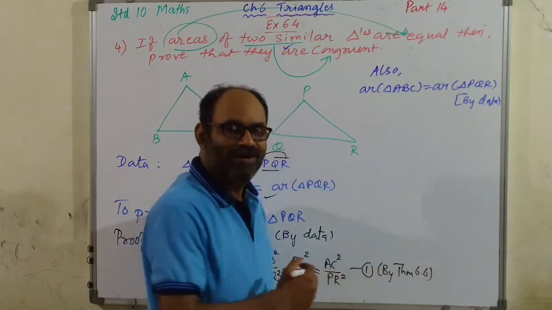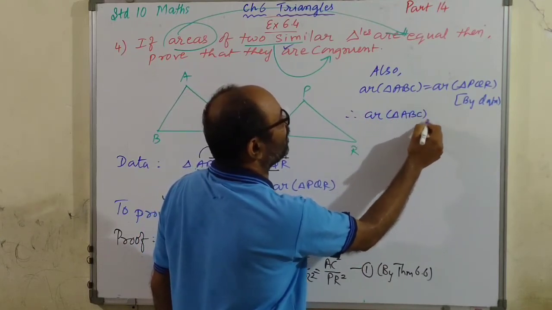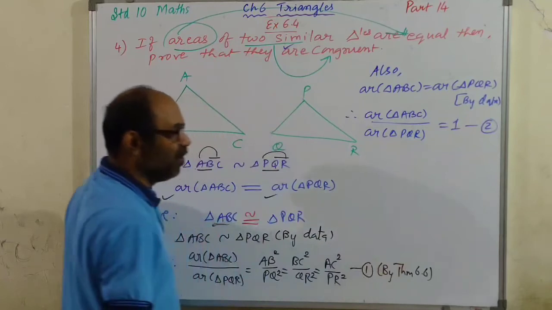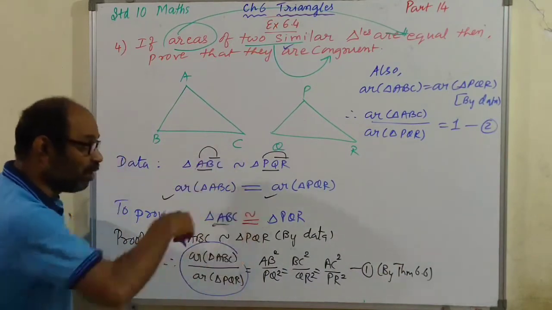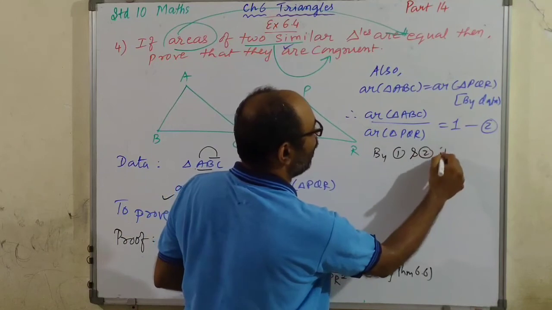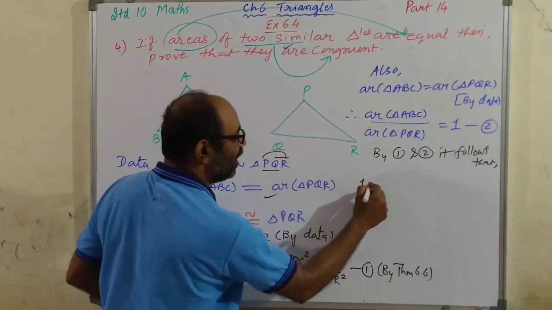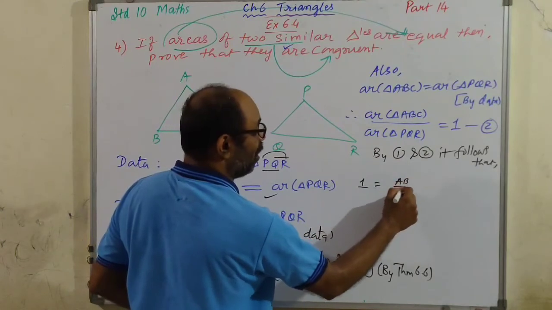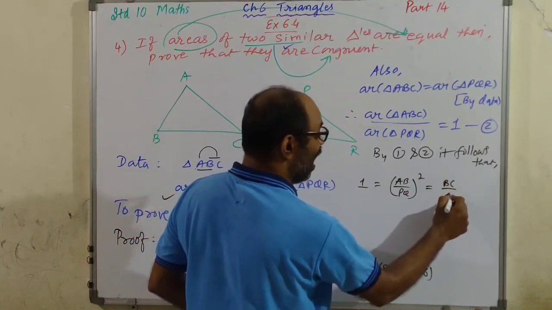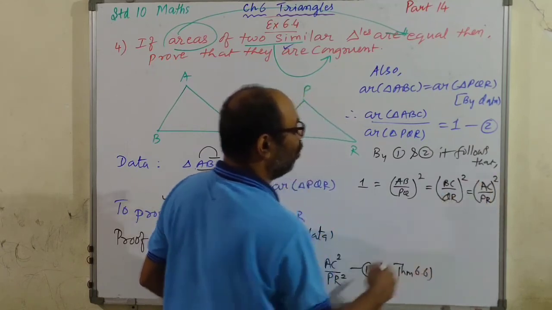Form the ratio, because we need the ratio of areas. Area of triangle ABC upon area of triangle PQR is equal to 1. This is result 2. So by 1 and 2, it follows that 1 is equal to AB upon PQ whole square is equal to BC upon QR whole square is equal to AC upon PR whole square.